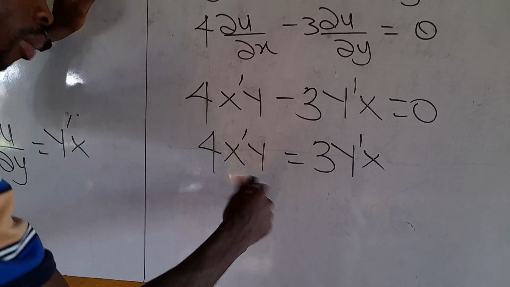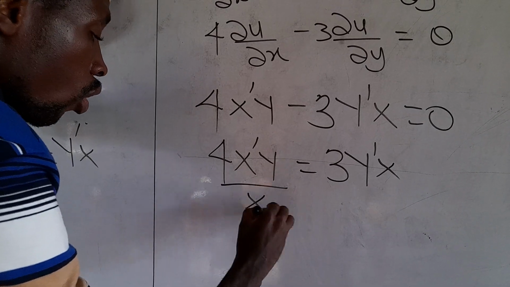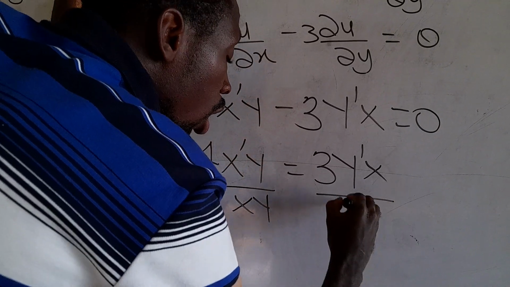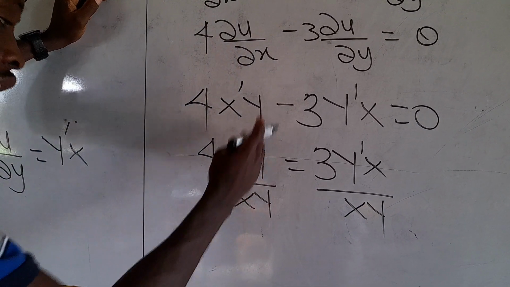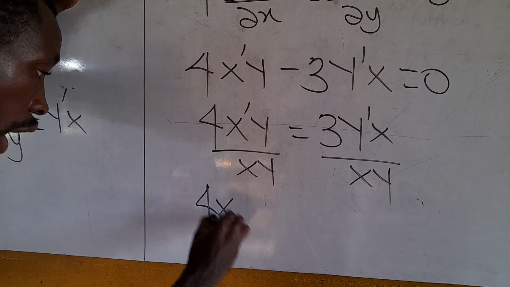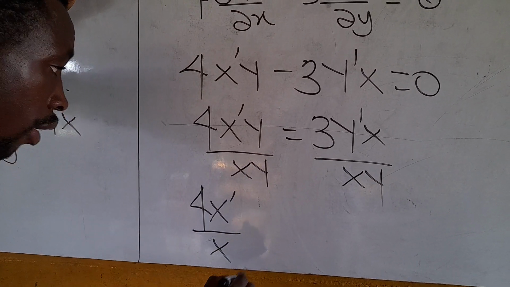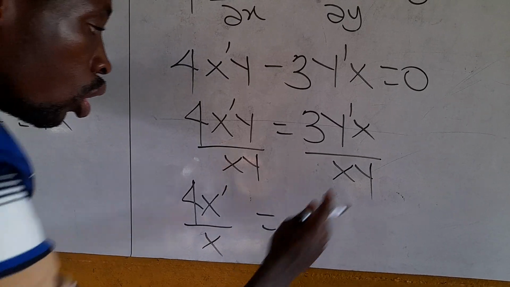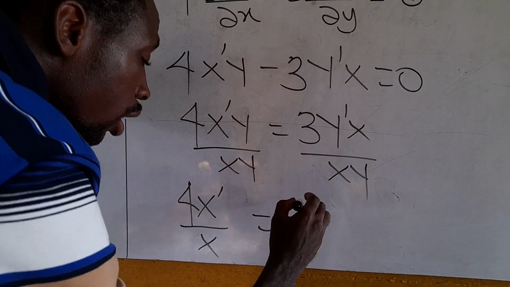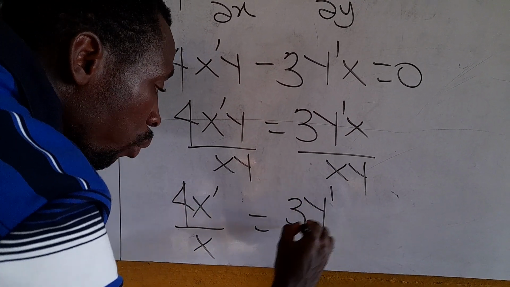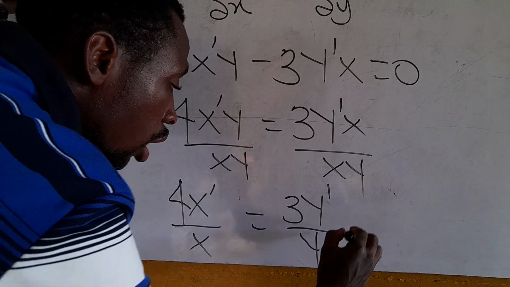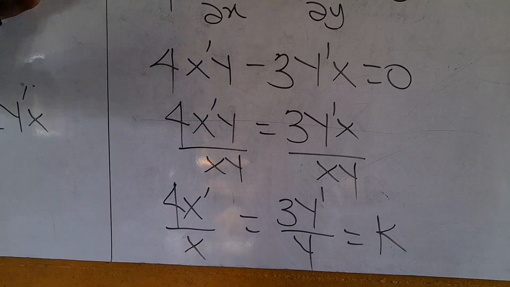Now we divide both sides by xy. So our y will divide, we have 4x prime over x equal to, the x will also divide, so we have 3y prime over y, then equal to a constant, say, k.